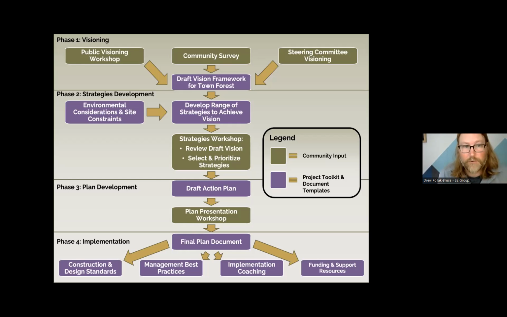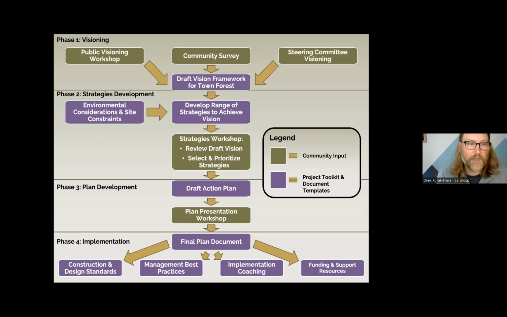That first phase is really about listening. There are very few presentations, and it's very much about hearing from the community and from the committee. And as you hear those things, you are able to develop a framework that encapsulates the feedback that you've heard.